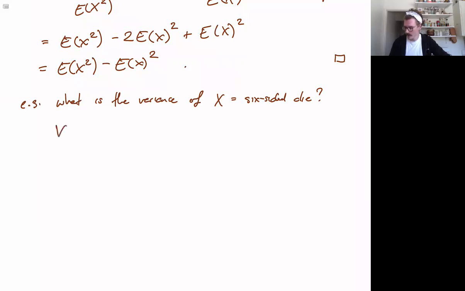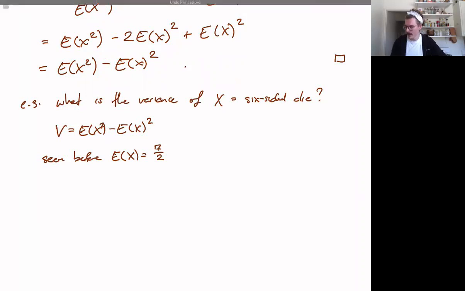So let's rewrite this formula just to have it always in mind. So we just need to compute these two things. And we've seen before that the expected value of x is 3.5, or 7/2. So we need to compute the expected value of x squared. What is that?